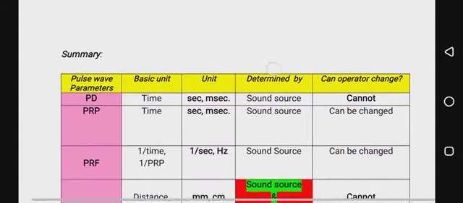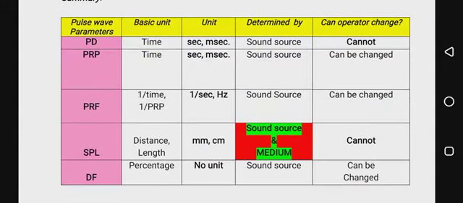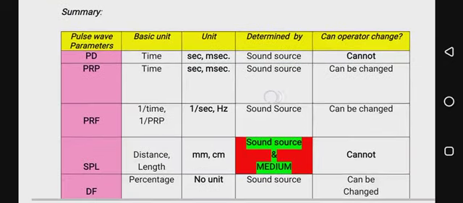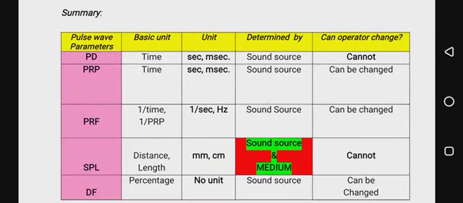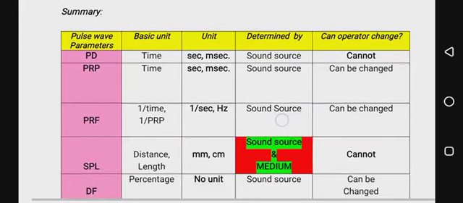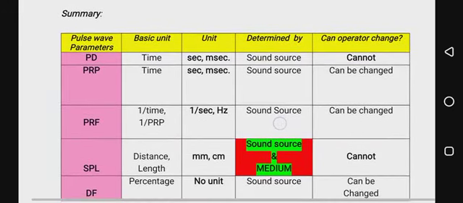So we'll do a quick summary from this video and the video we had earlier. What you need to remember in the parameters: pulse duration is a unit of time, seconds or milliseconds, and is determined by sound source. It's not in the hands of the technician or operator to control.